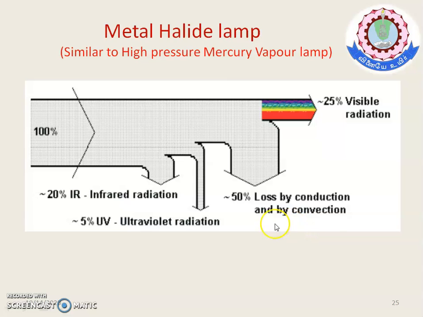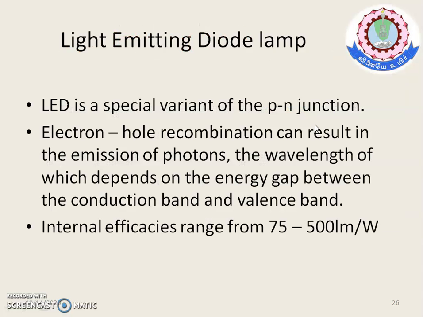With respect to this metal halide lamp, the 100% is spent with 20% towards infrared, 5% UV, and 50% loss, and only the remaining 25% is visible radiation.